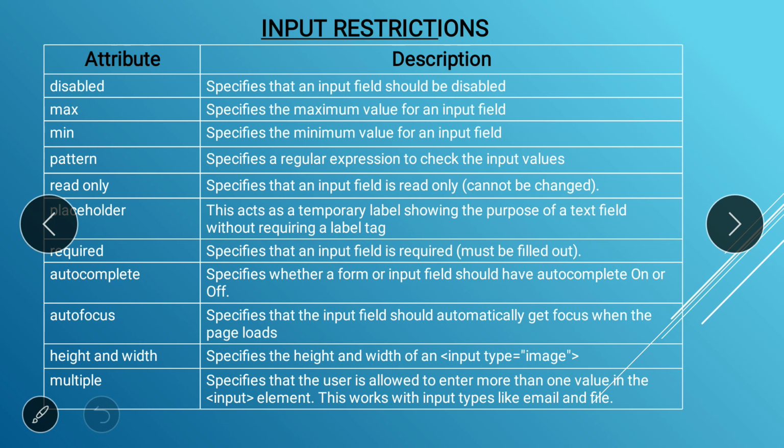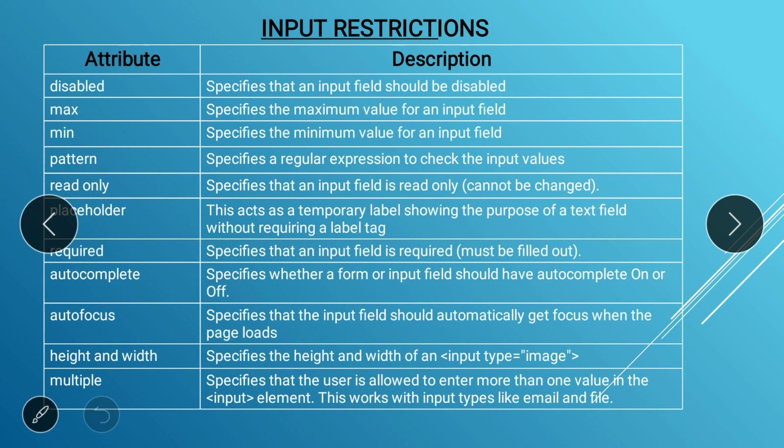Okay, next is required. Required means you have to enter values in a text box, and for that we use required. It means the user cannot leave the text box blank.